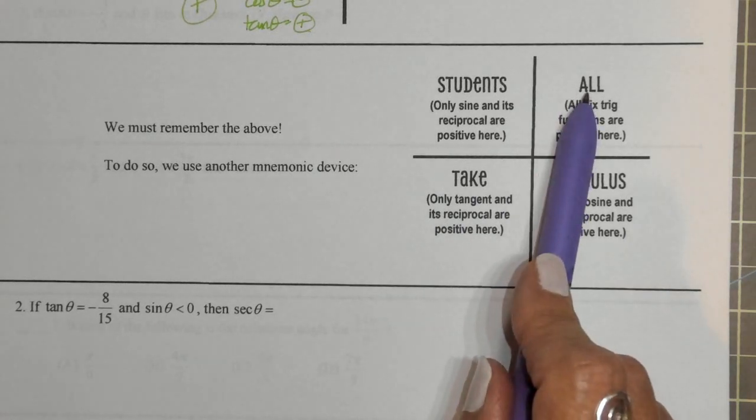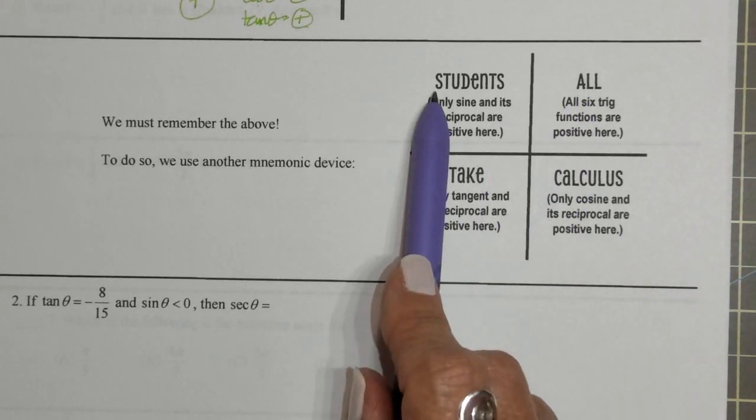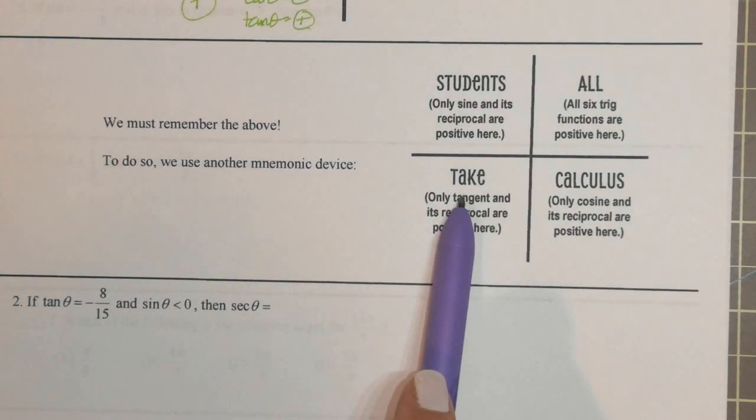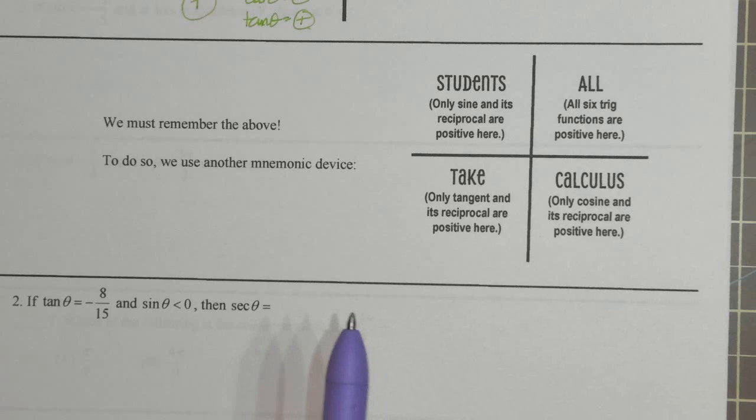All is for all trig functions. S is for sine and its reciprocal. Take is for tangent and its reciprocal. Calculus is for cosine and its reciprocal. We are going to be using that the whole rest of your math career, however much longer you're doing math. Hopefully it's going to be for a long, long time. It's not going anywhere.